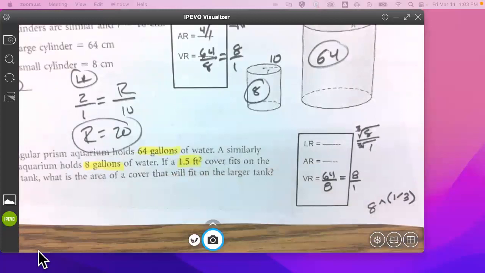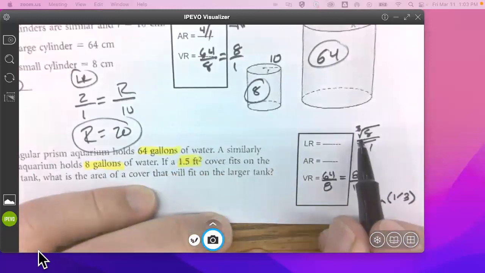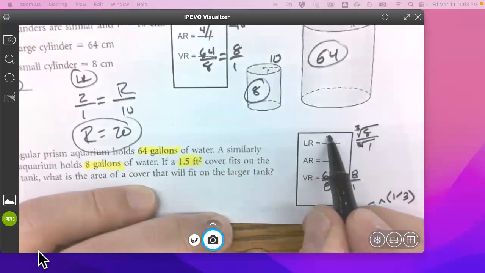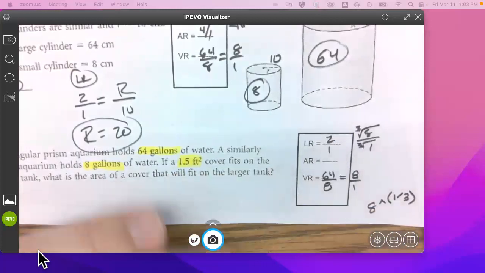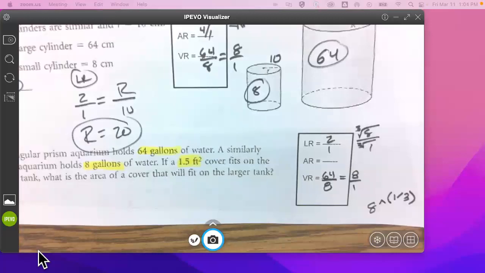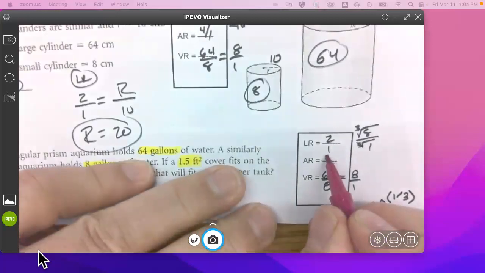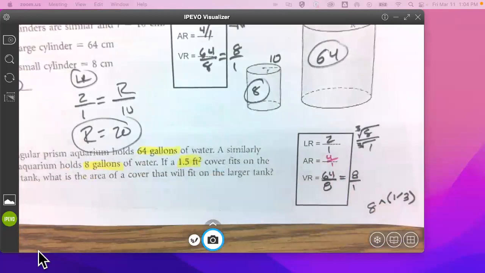In other words, raise it to the 1/3 power. And that makes it a cube root. If you raise it to the 1/2 power, that would be the same as the square root. If you raise it to the 1/5 power, that would be the same as the 5th root. In this case, you're asking what times itself 3 times makes 8. We can do that in our head. It's 2/1. And then the area ratio would be that squared. So 4/1.